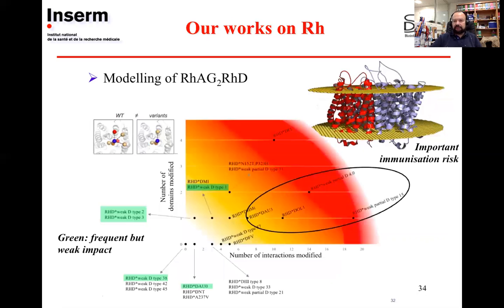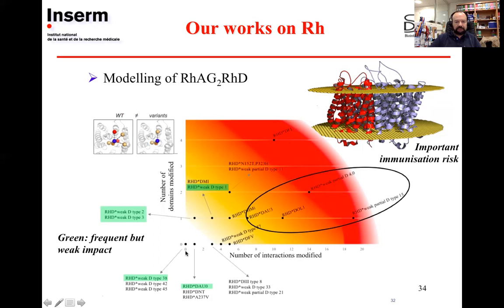We took a little less than 20 different variants. Some are important for immunization risk, some are frequent but with a weak impact. In green, you have the very frequent ones, but with a weak impact. On this plot, on the x-axis, we have the number of interactions that have been modified.